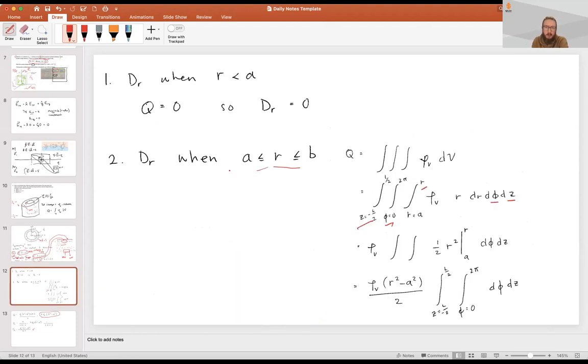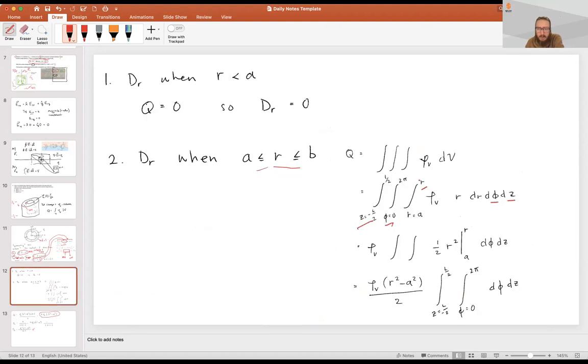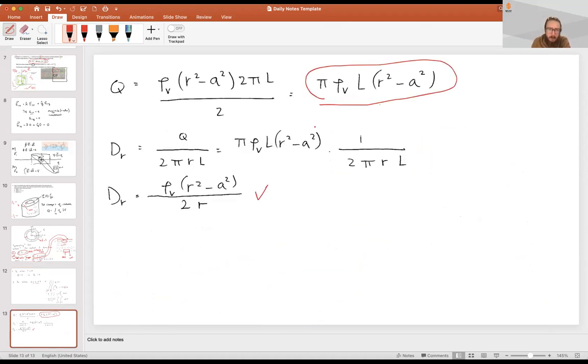Then we solve for the total amount of charge in each region. So in the first region, there's no charge. In the second region, we're somewhere in between where the charge starts and where the charge ends in the radial direction. We're traversing this direction. We haven't gotten all the way, so we use this little dummy variable r to come up with an R-dependent equation for Q. So our equation for Q depends on how far out we've gone.